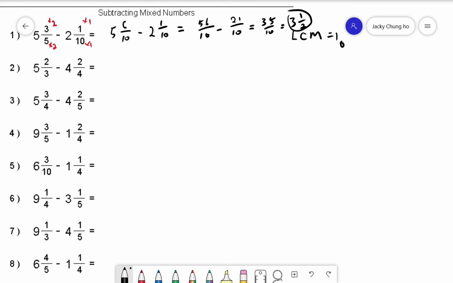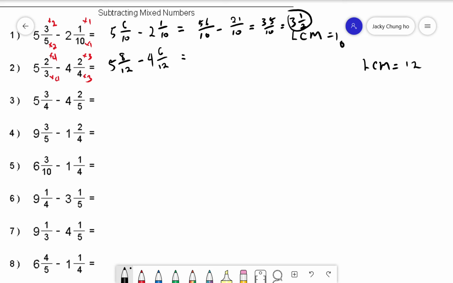Okay, number 2, I have 5 and 2 over 3 minus 4 and 2 over 4. In this case, the LCM will be 12. So 3 times 4 will get you to 12. 4 times 3 will get you to 12. So to rewrite the operations, I'm actually looking at 5 and 8 over 12 minus 4 and 6 over 12.